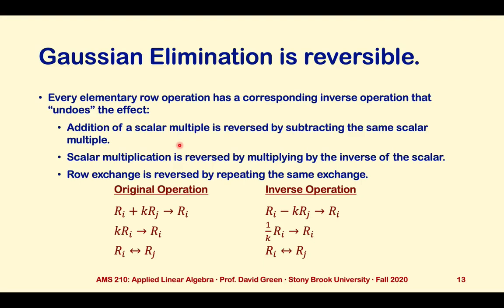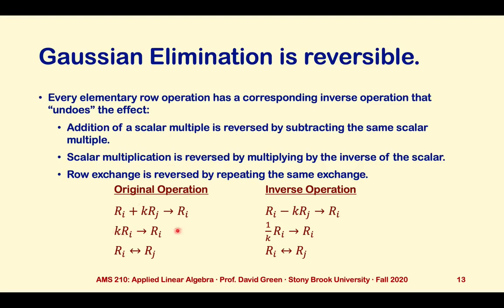Every row operation that we're doing in Gaussian elimination has a corresponding inverse operation that will undo that effect. If we have an operation that adds a scalar multiple of one row to another, an operation that subtracts the same scalar multiple from the same target row undoes that effect.